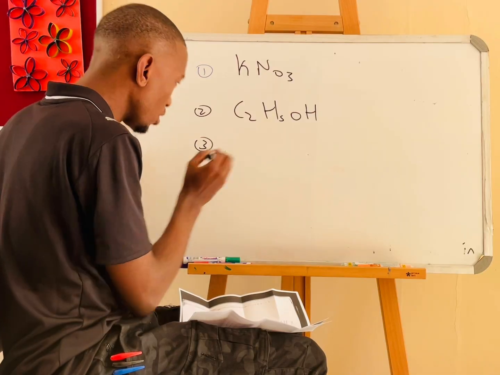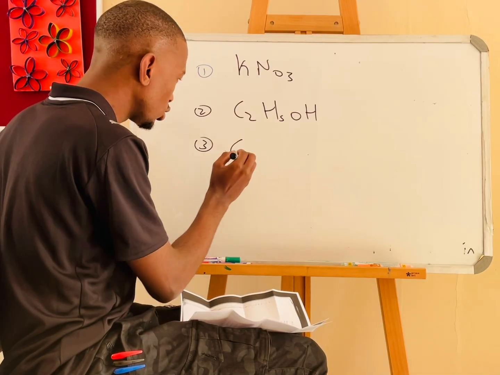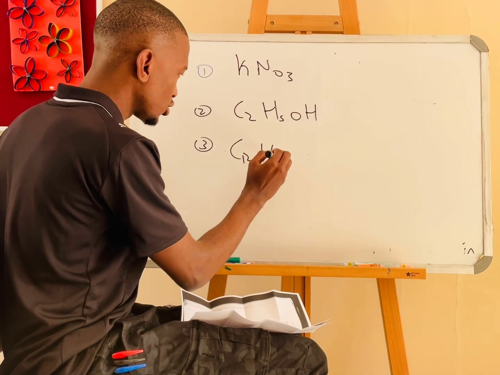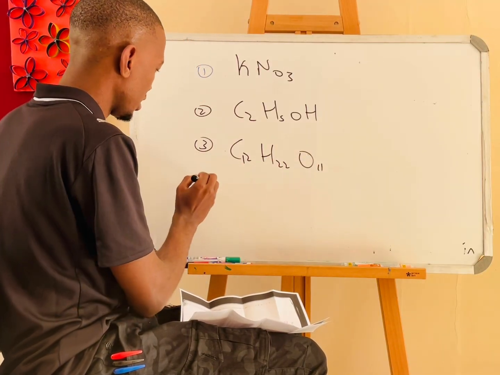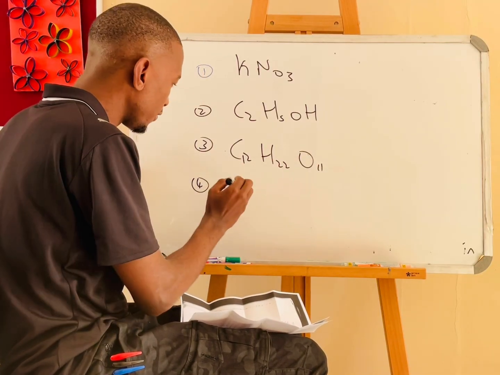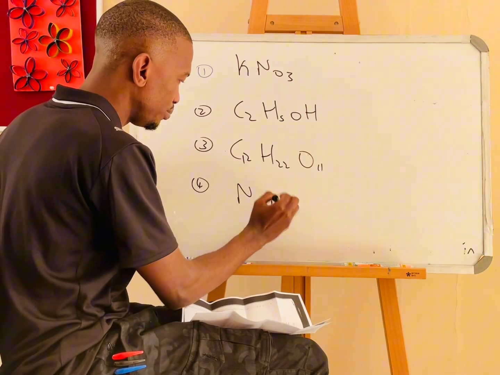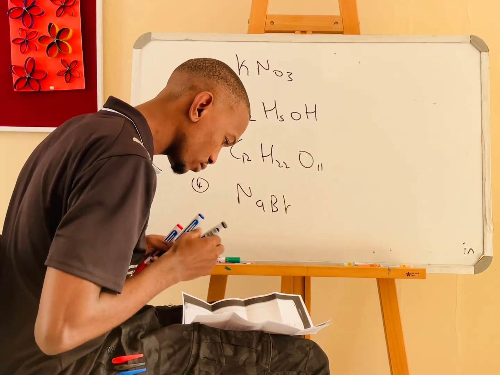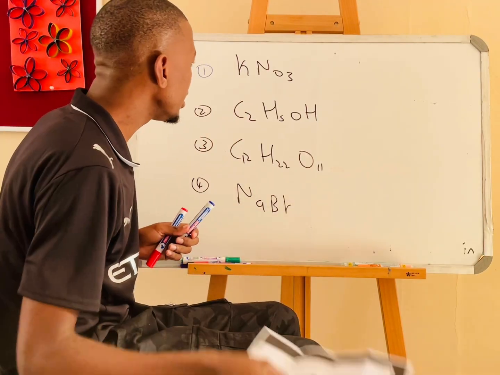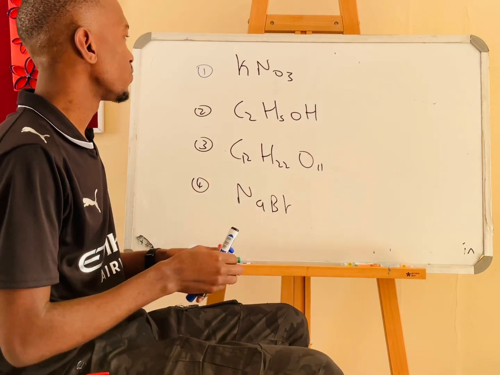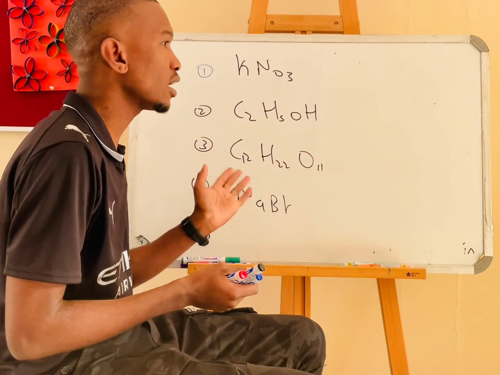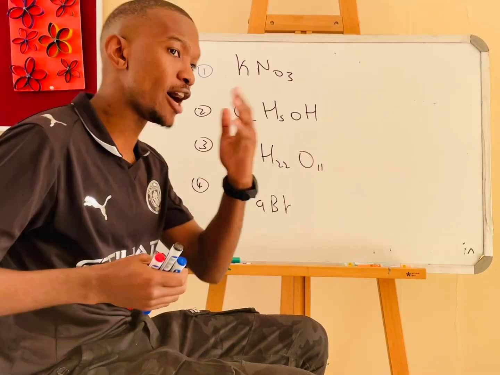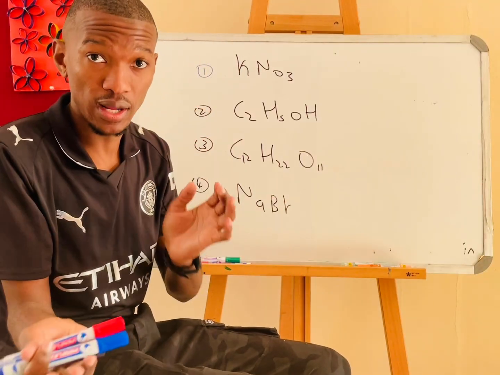Number 3, we have C12H22O11. Number 4, we have NaBr. They are saying to determine whether these chemical compounds are ionic or molecular.